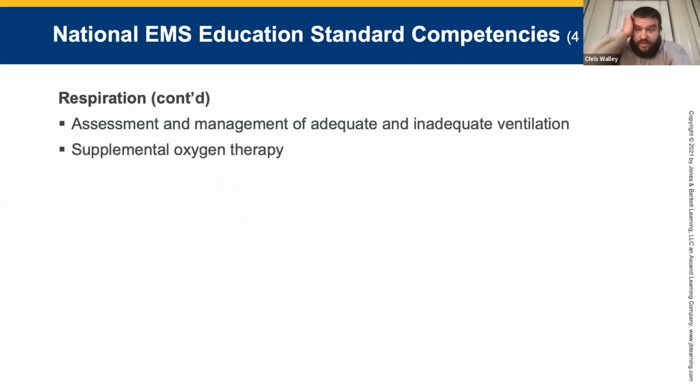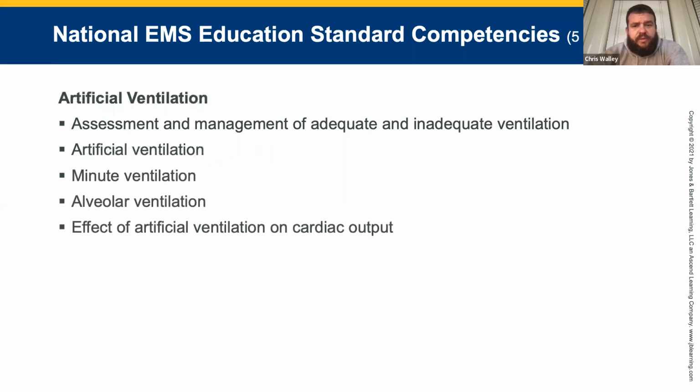Assessment and management of adequate and inadequate respiration: basically what is good for the body and what's not so good. We want ventilations that are supportive of life. Then supplemental oxygen therapy: what can we do to help them? We'll go over assessment and management of adequate and inadequate ventilations, artificial ventilations, minute ventilations, alveolar ventilation, and the effect of artificial ventilations on cardiac output. That's a lot.